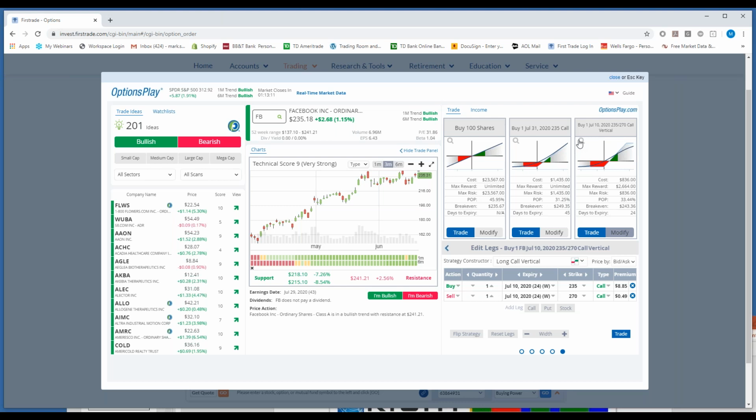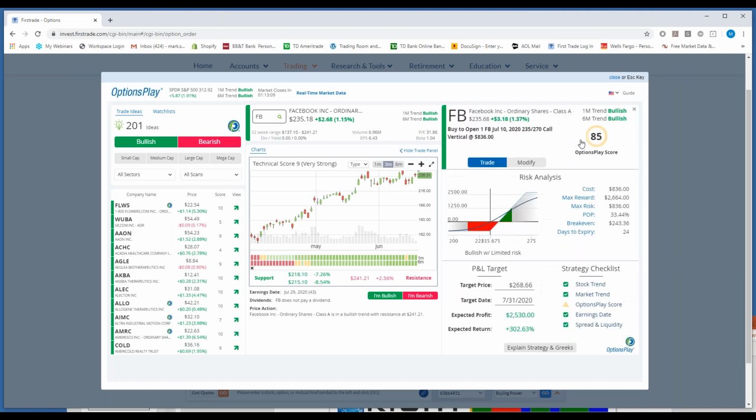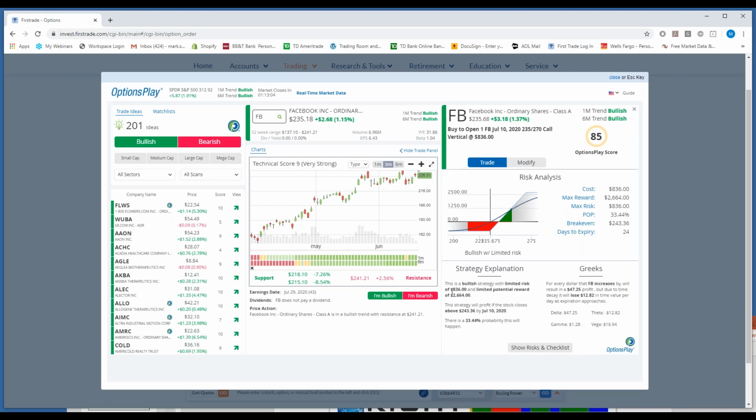Now, it doesn't have that seal of endorsement, but if we go to the Greeks, the risk is $836 to make $2,664. The stock has to close on July 10th. Well, this is July. I wanted a shorter term, but it's a terrific trade.